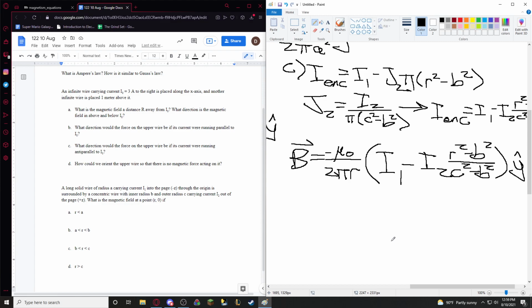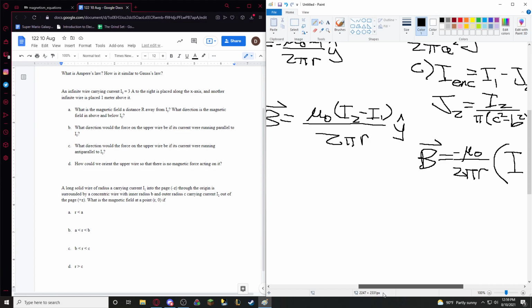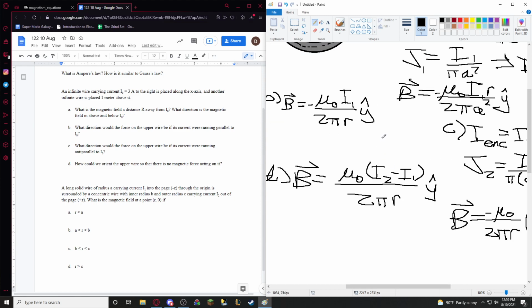That's it, unless you want to spend 20, 30 minutes simplifying this. I was just trying to figure out the direction part. I2 is out of the page. If we were to write it as I2 times r squared minus b squared over c squared minus b squared minus I1, then it'd be positive. All it depends on is what direction we've defined.